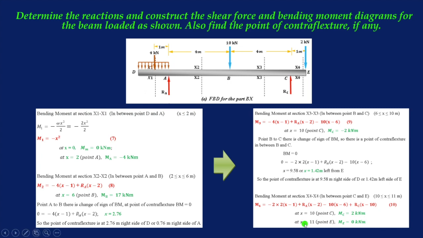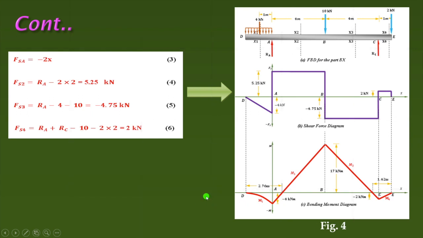Using the values, we will try to draw the diagram. Again, rewrite the equations. So in the shear force diagram, for the section up to A, the equation is 2x for shear force, meaning it's an equation of a straight line, starting from 0 value that we have calculated, so 0, 0.